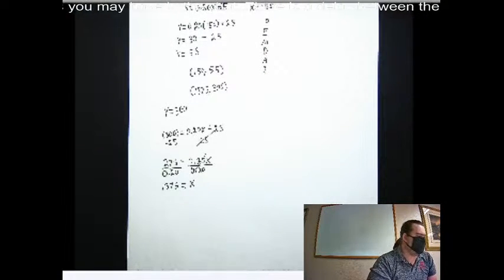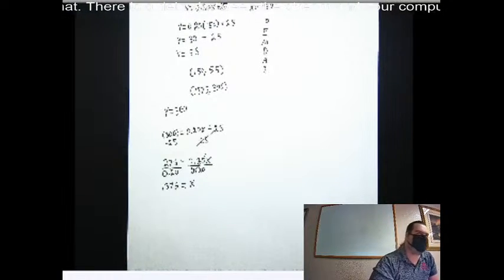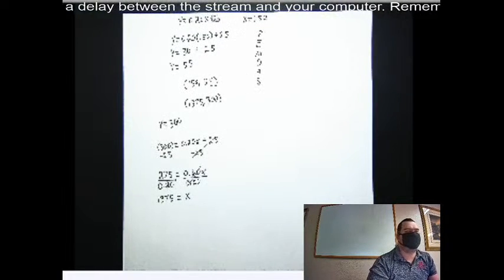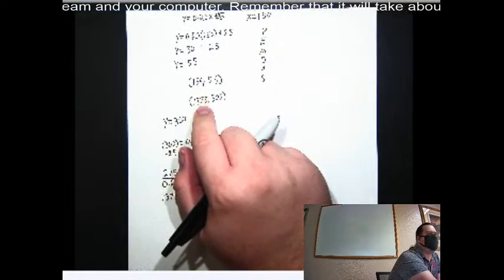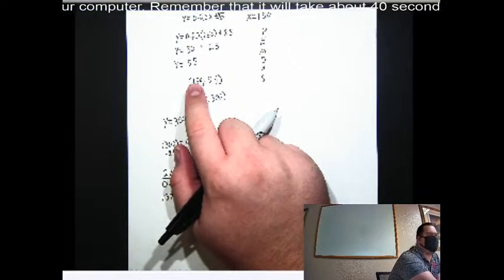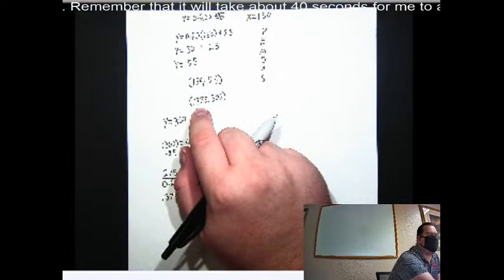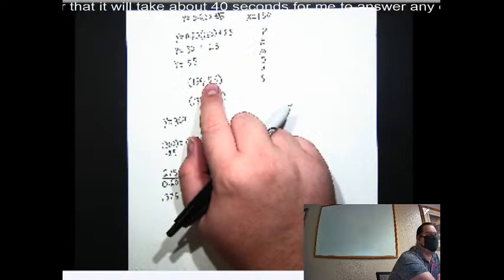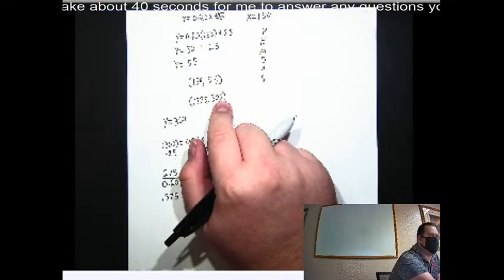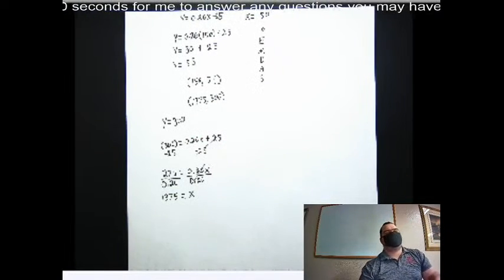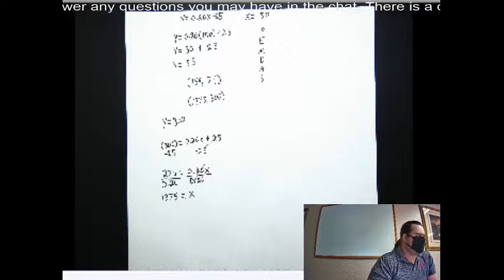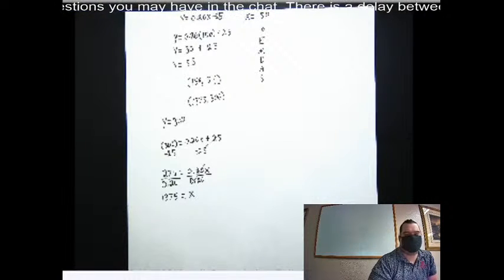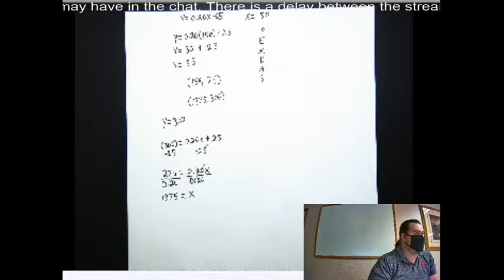So looking at these 2 points, we can kind of figure something out about this model here. As x increases, so like from 150 to 1,375, y also increases. So this model is showing an increasing trend. And that makes sense.